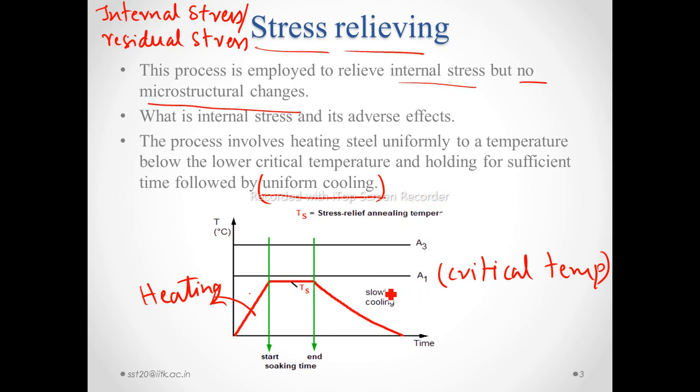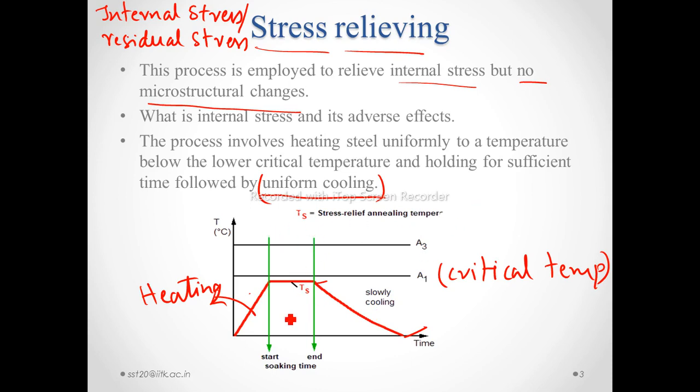So at the end of the process, cooling is also very important. That's why the rate of heating is short, whereas the rate of cooling takes a very long time. This is the start of cooling and this is the end of the cooling. See the time: it is approximately 2 times that of the heating time. That's why we have to do uniform cooling.